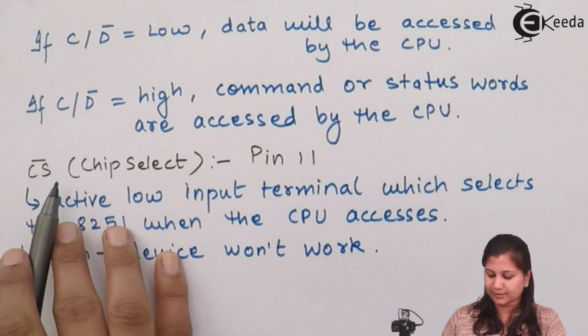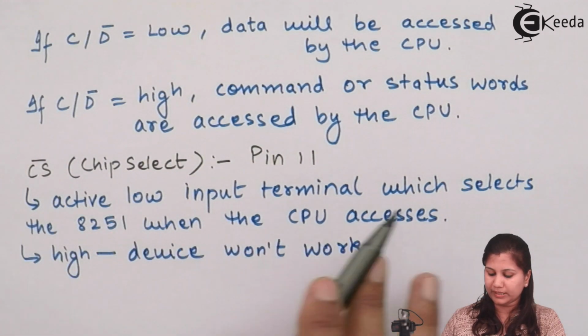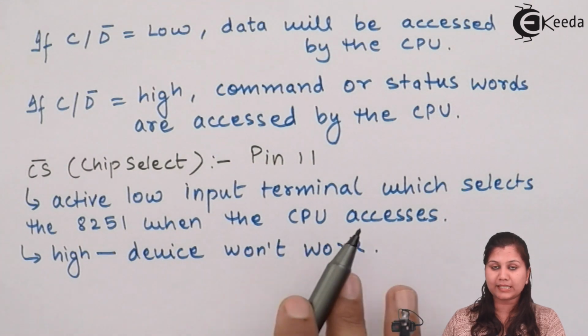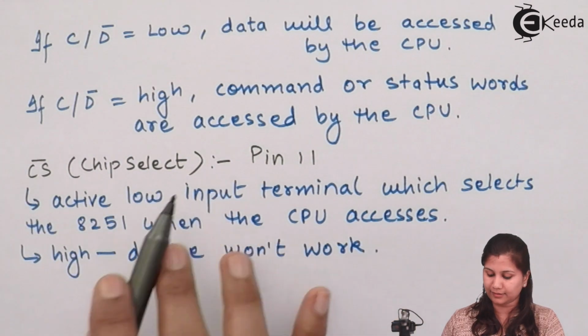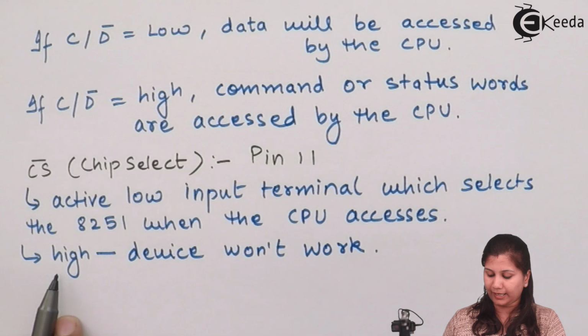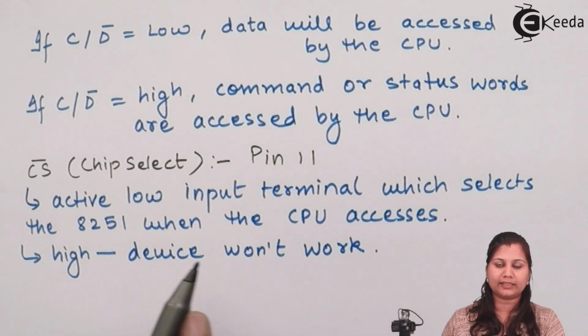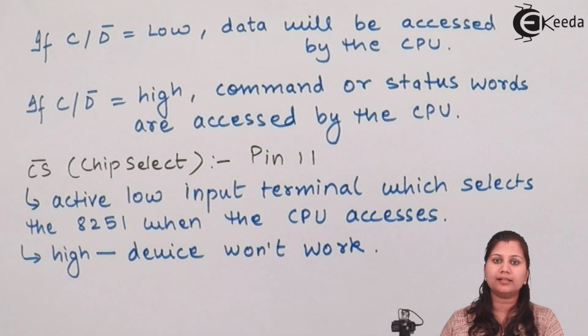When this is an active low input terminal, it will select the 8251 when the CPU accesses this chip select signal, and when this is high, the device won't work, it will not be selected by the CPU.